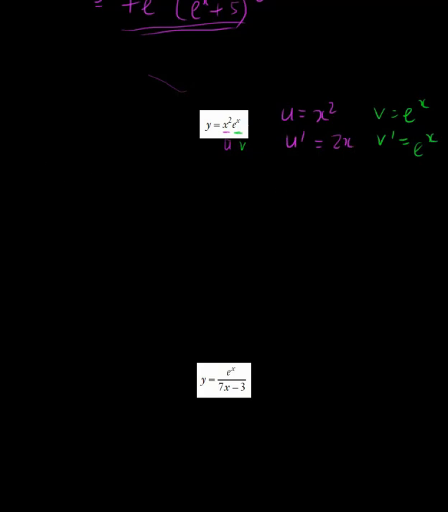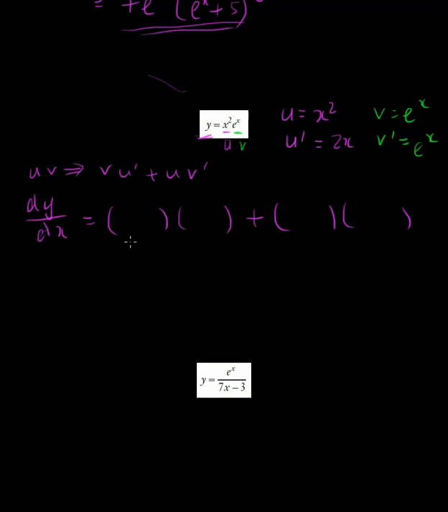Remember, using the product rule, if we have uv, then the differentiation becomes v u dash plus u v dash. So in our situation, dy/dx will be v u dash plus u v dash.